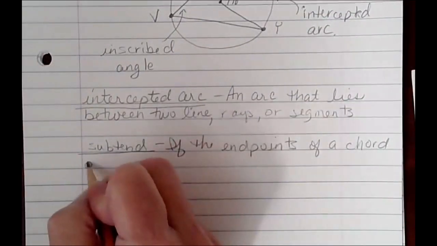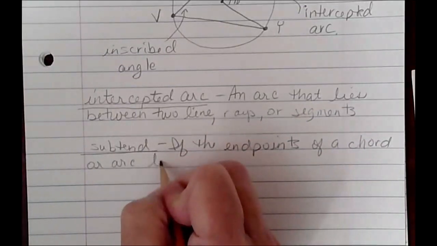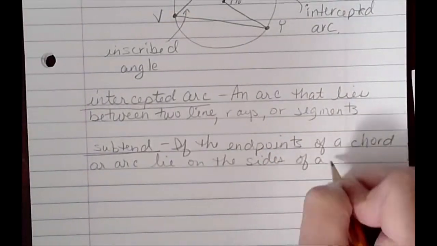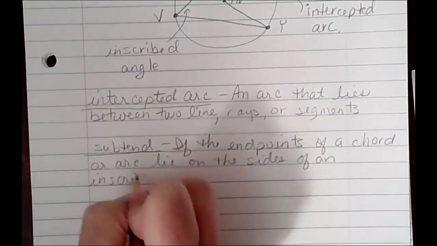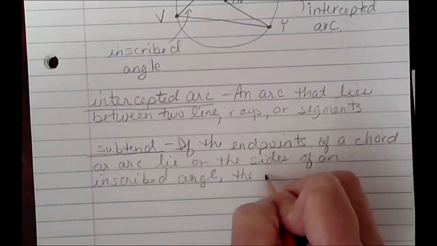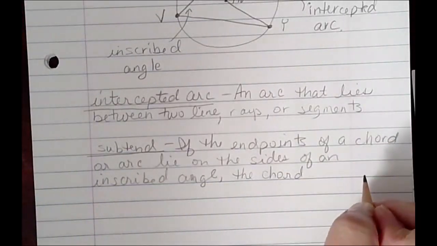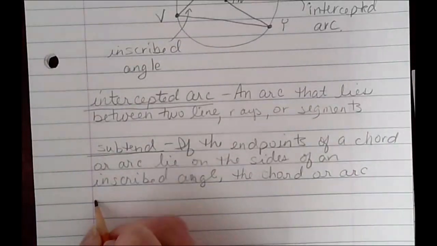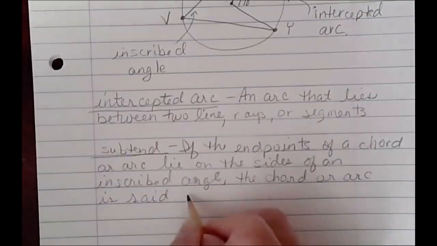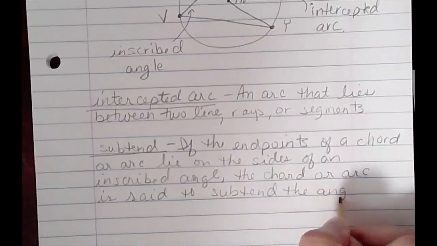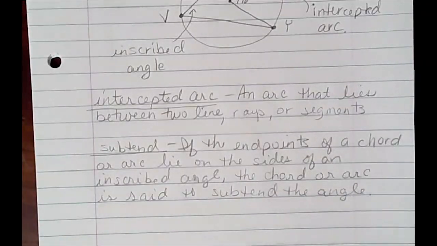If the endpoints of a chord or arc lie on the sides of an inscribed angle, the chord or arc is said to subtend the angle.